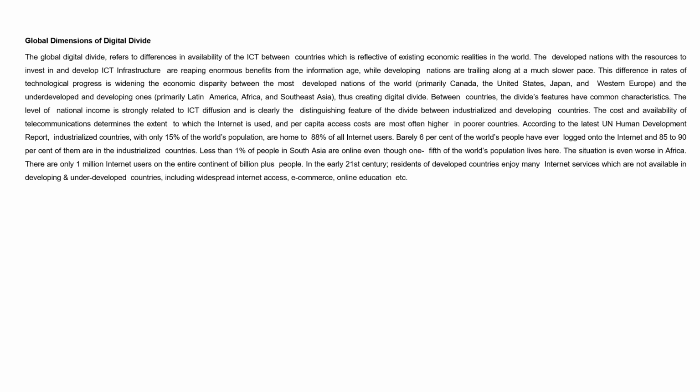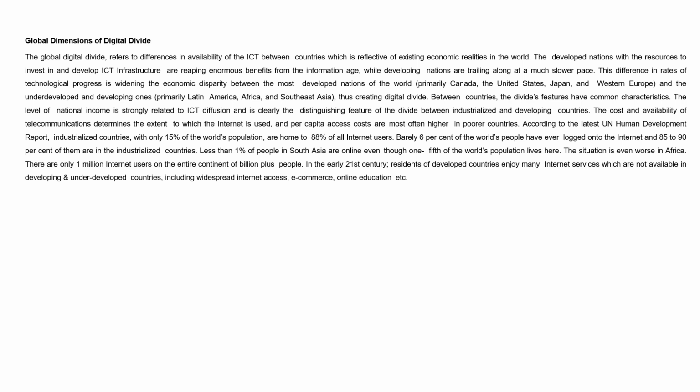According to the latest UN Human Development Report, industrialized countries with only 15% of the world's population are home to 88% of internet users. Barely 6% of the world's population have ever logged on to the internet, and 85 to 90% of them are in industrialized countries. Less than 1% of people in South Asia are online, even though one-fifth of the world's population live here.